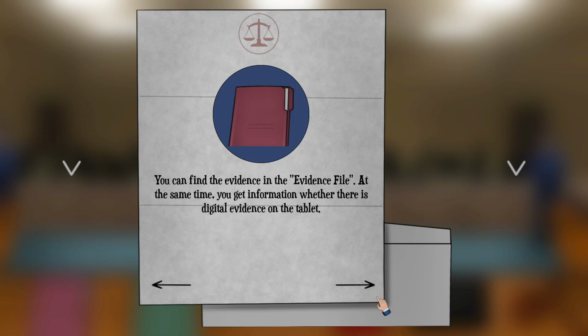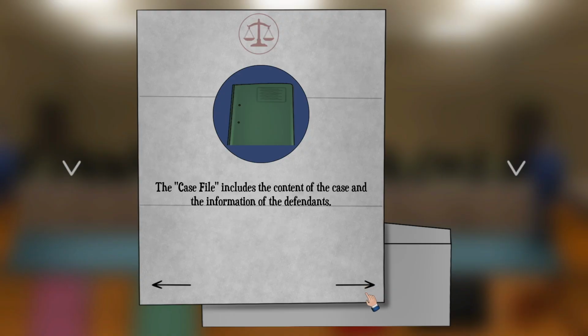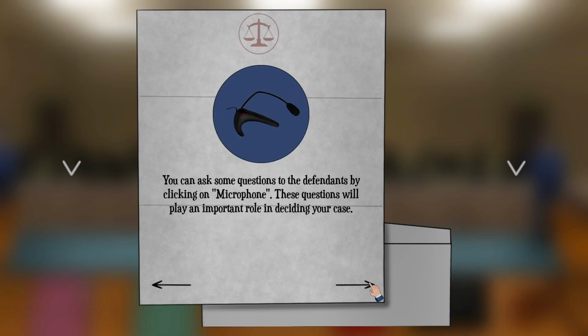At the same time, you get information whether there is digital evidence on the table. The case file includes the context of the case and information of the defendant. You can ask some questions to the defendant by clicking on the microphone. These questions will play an important role in your case.